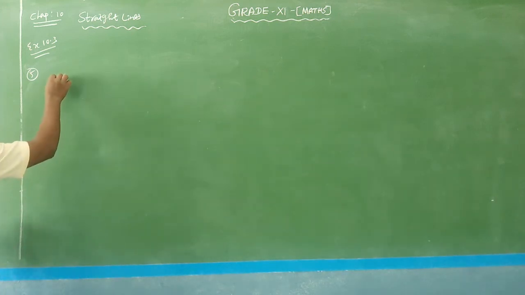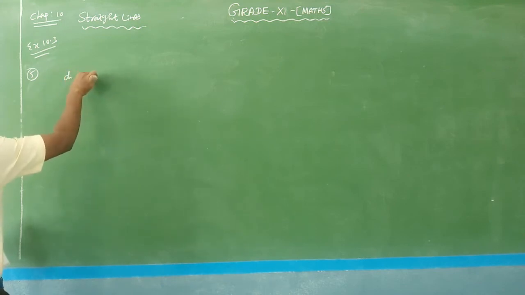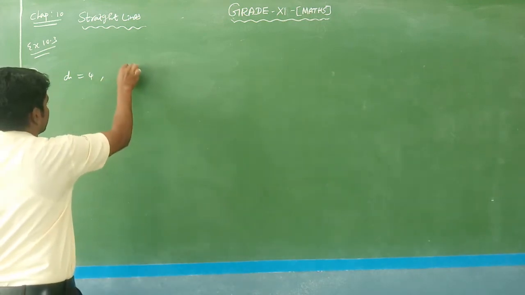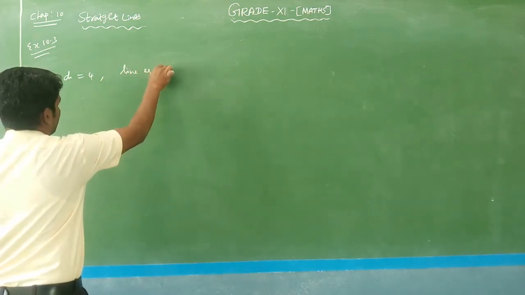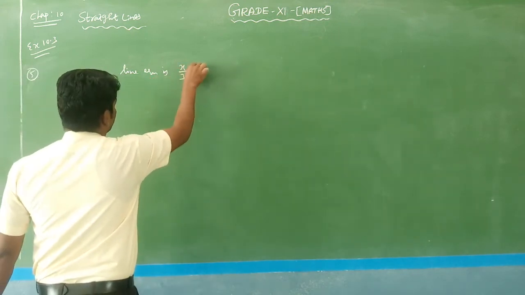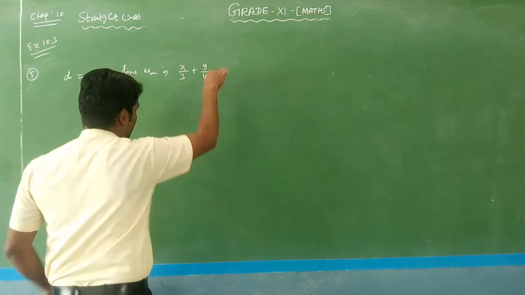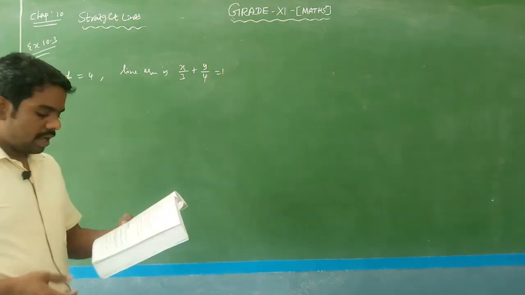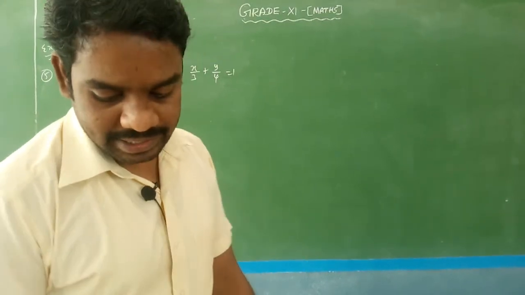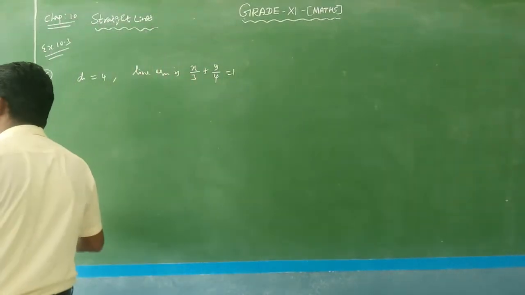So the given information is the distance d equals 4 units, the line equation is in intercept form x/3 + y/4 = 1, and another piece of information is that the point is on the x-axis.